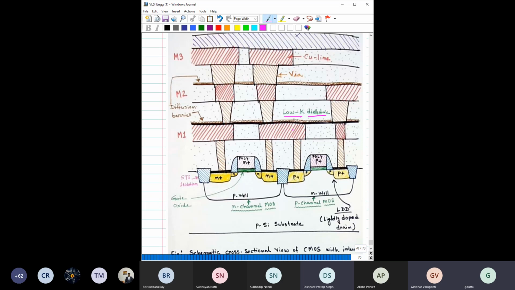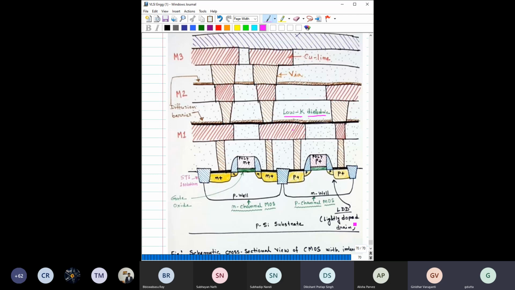There would be some numerical problems, definitely some design problems, and maybe some short answer type questions might also be there, but definitely it is not an MCQ type. And so, from this region, will we be asked to draw these diagrams or just answer questions based on the concepts? It can be both.